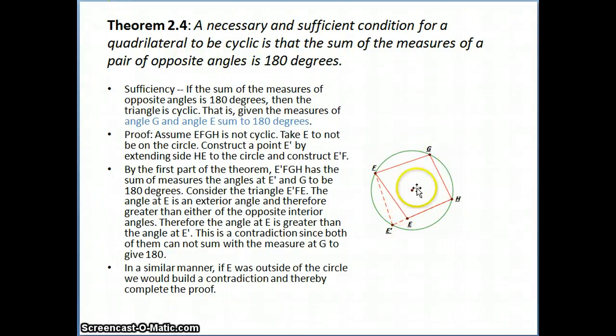If both of them add G to get 180, which means E and E prime, these two angles are congruent, which contradicts the exterior angle theorem, because they cannot be congruent. E is bigger than E prime, so we get a contradiction. So that's why these two have to be the same point.